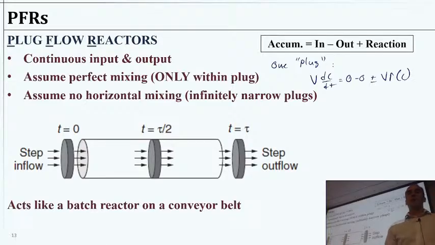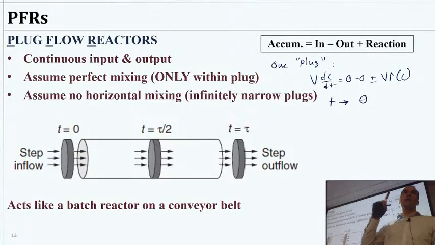And the volume here, if we assume that what's happening in one plug ultimately happens throughout the whole thing, we can use the reactor volume as our volume here. It's going to cancel anyway with what's on the left. And when we do the derivation, we'll show in a few minutes, that instead of time, we use the hydraulic residence time. So the time feature that we would have used for our batch reactor math should simply be the hydraulic residence time, because it's a batch reactor that sits in there for some amount of time undergoing the reaction.